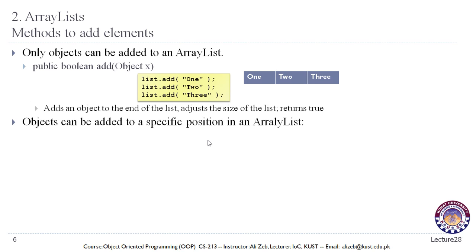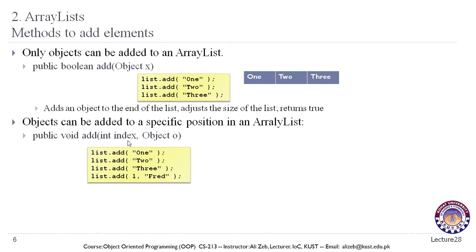Objects can also be added to a specific position in an ArrayList, and we need to pass that position to the add method. So if you want to add an element at a particular position, we provide that position and the value of the element.